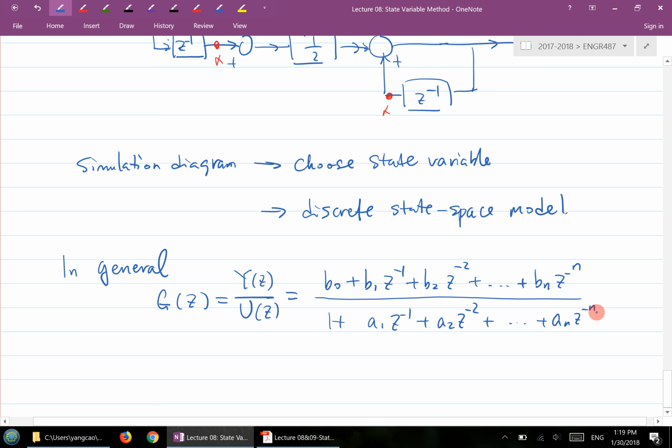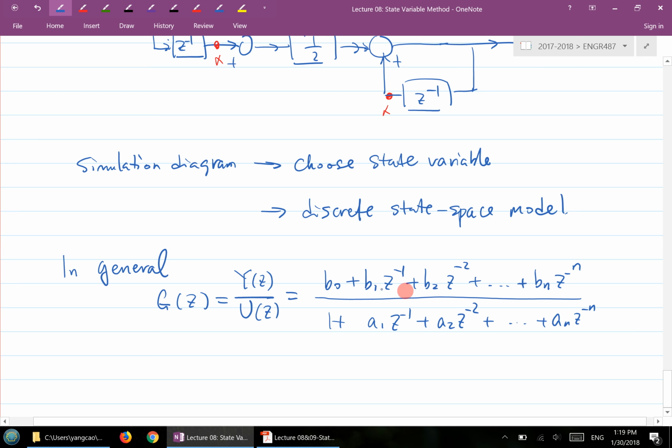I have a handout given to you that summarizes the two common formats: control canonical and observable canonical. They are based on this general format. I got feedback from previous years that if you compare these notes with the notes from your motor control course, you may wonder why they're different.